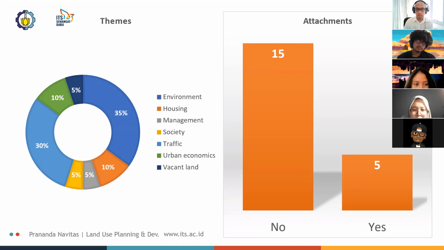I think it's clear from the donut graph that we see before us that land use issues, land development issues, and the environment is clearly a winning theme here. It's the most popular theme that you addressed. The second most popular is traffic, and I think that land use, traffic, and the environment have a very strong connection.